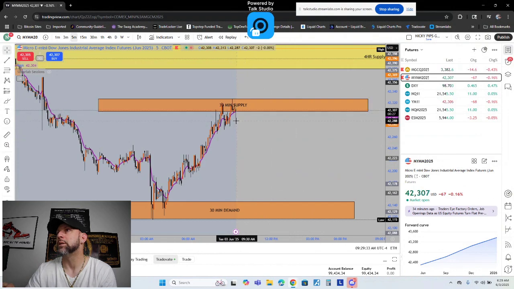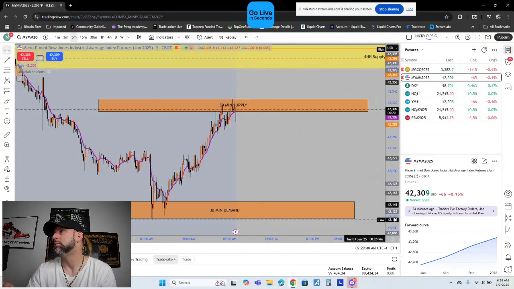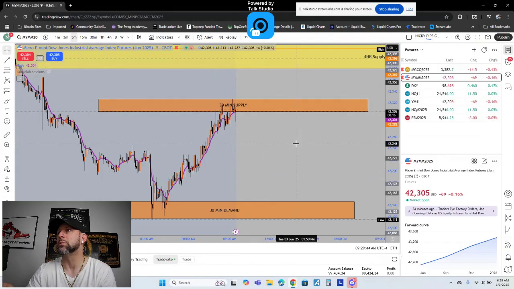So we did have a rejection. We have a rejection candle right here, which could mean continuation up. So we got 19 seconds till the market open.